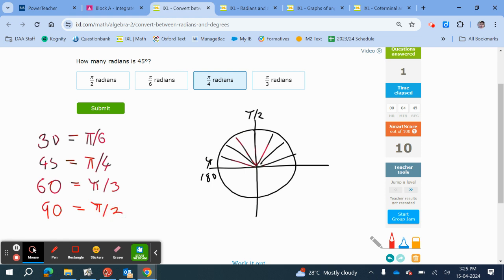There are 6 thirties, 4 forty-fives. I remember how many multiples of these will take me to 180, and that gets me those angles.